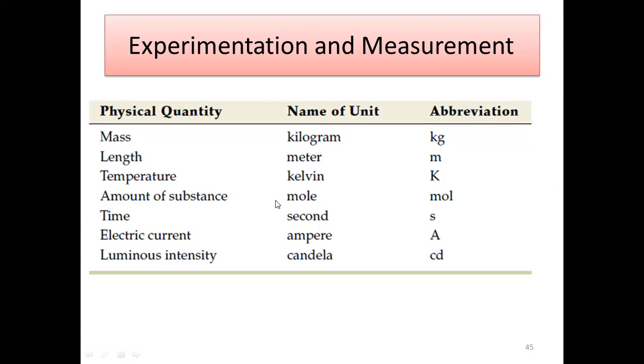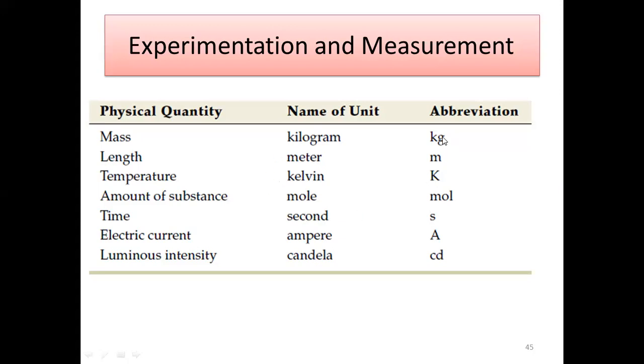Temperature, the unit is to be measured in Kelvin, and the symbol is capital K. And the amount of the substance, we will do the conversion or the calculation, and it is in mole, and the abbreviation of mole is mol. And lastly, the time we measure in the second, and the abbreviation is small s. So these are the SI units.